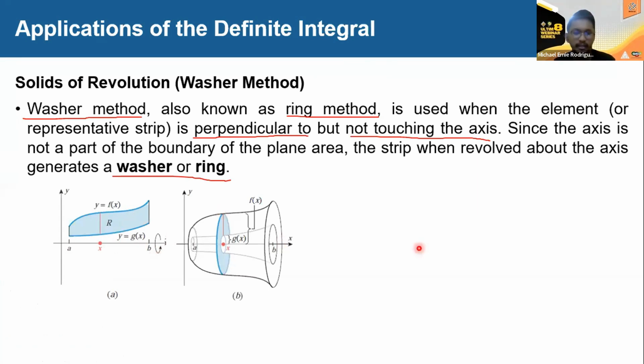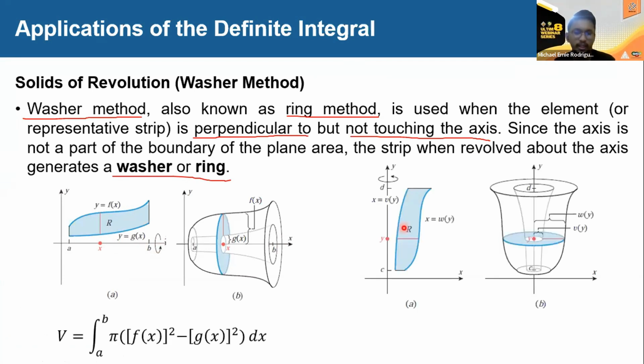Okay, and then same kapag sa y, we use the horizontal strip, not touching your axis of revolution, and then it is perpendicular to, and then we revolve it around this y-axis. So we also generate a washer or ring.